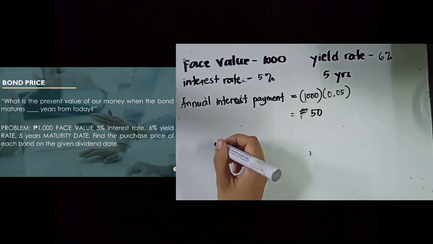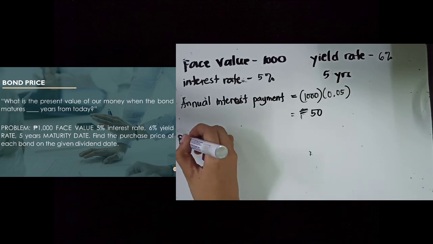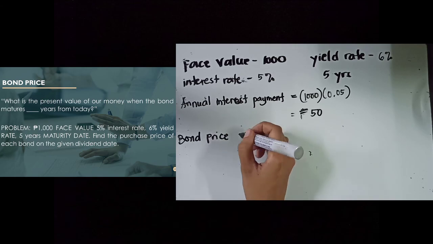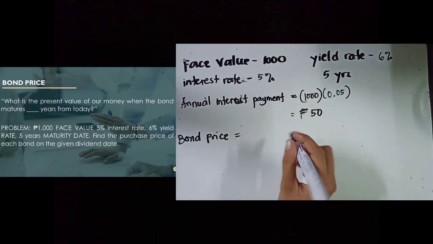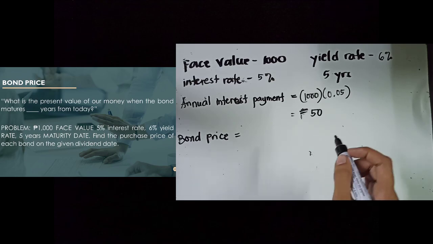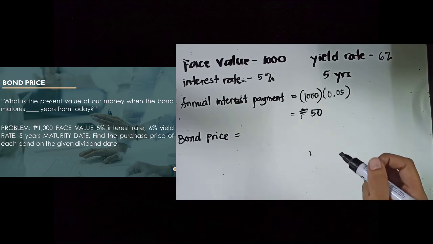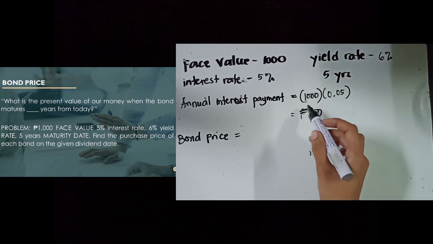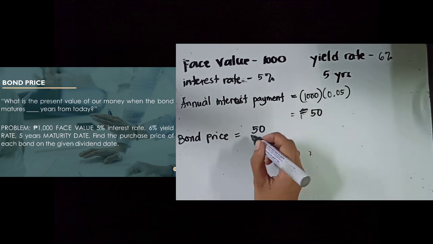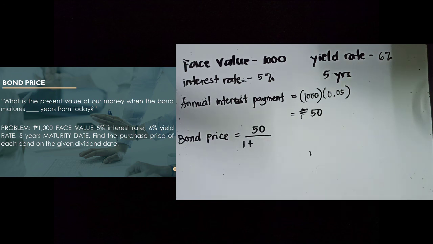So, bond price is equal to the sum of the quotient of annual interest payment, which is 50, divided by 1 plus the appropriate yield to maturity.